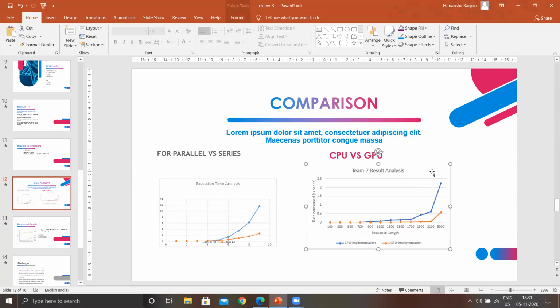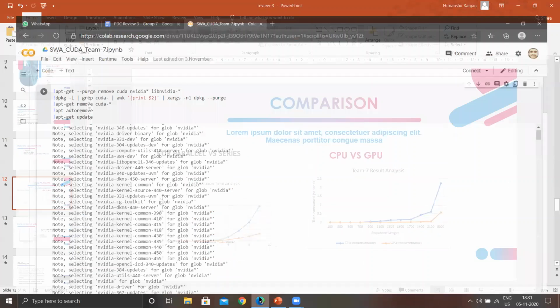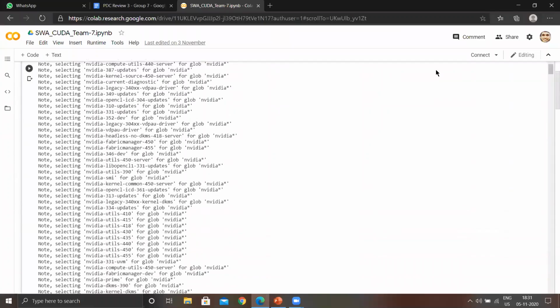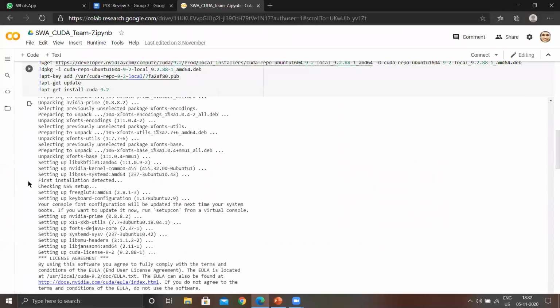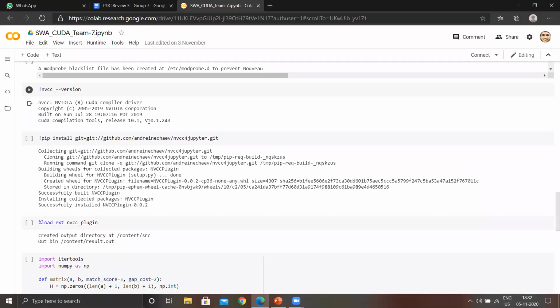We implemented all the implementations that I mentioned on a CPU, and we also did the same on a GPU, on a CUDA Google Colab platform. You can see here that we used CUDA version 10.1.